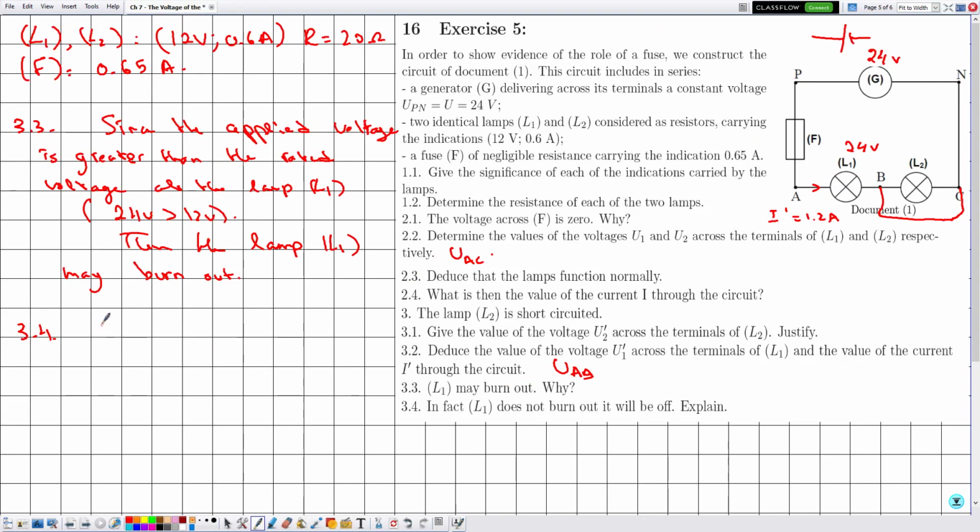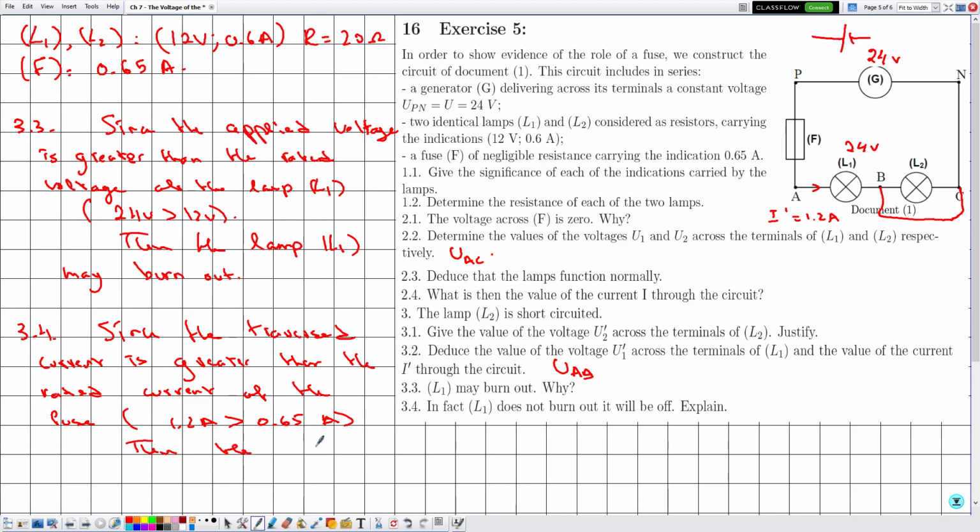So let's say, since the traverse current is greater than the rated current of the fuse, and this is because 1.2 amperes is greater than 0.65 amperes.